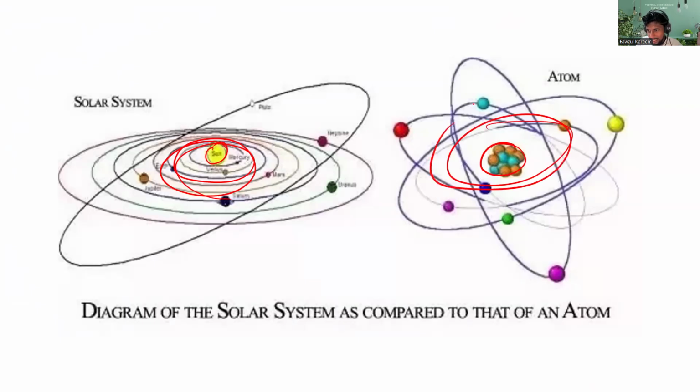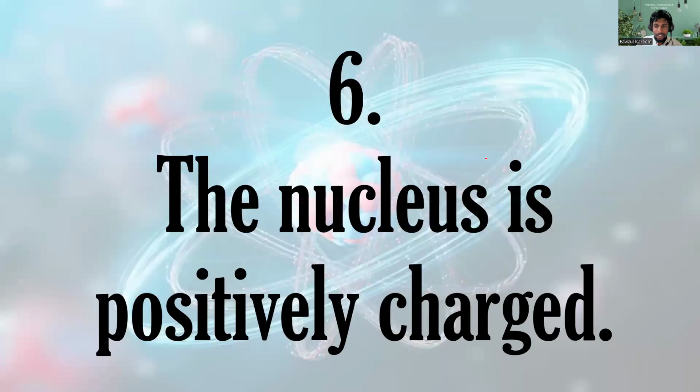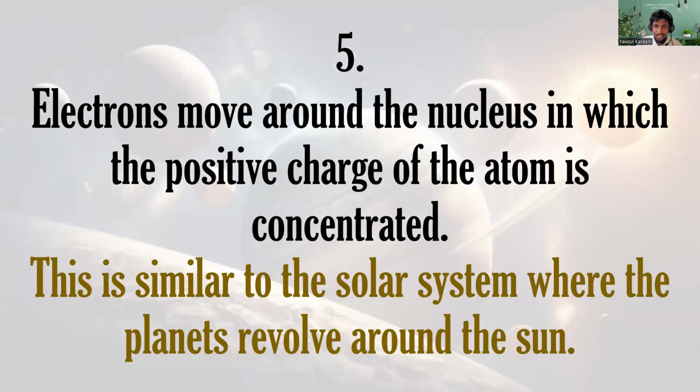And the electrons revolve around the nucleus. Am I right or wrong? Did you get that idea? Electrons move around the nucleus, in which the positive charge of the atom is concentrated. This is similar to the solar system. We have the planets revolving around the sun.